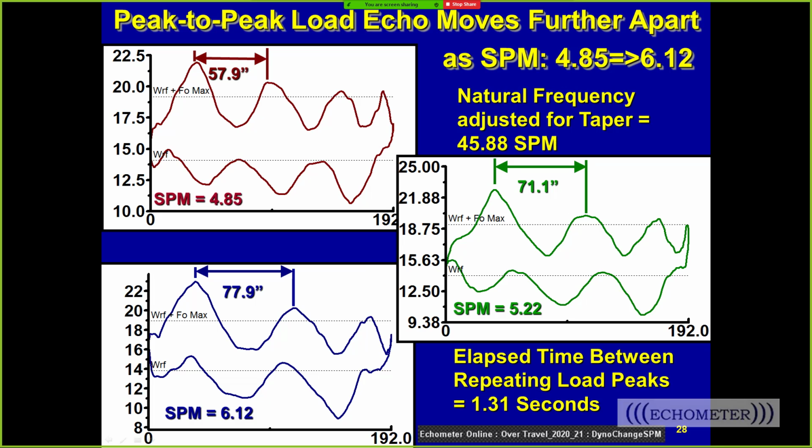And this exact same well, and this is an example of a dynamometer changing strokes per minute, at the exact same well, a little faster at 5.22 strokes per minute, this distance is 71.1 inches. And then if you pump faster, this distance from this point to that point, you move a little farther, but there's a peak load and an echo peak load. And what I'm going to say is that the time between this peak and that peak is exactly the same no matter how fast your pumping speed, because the time between that point and that point is based on the fundamental frequency of the rod string.